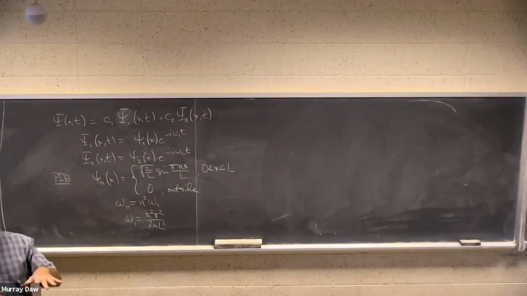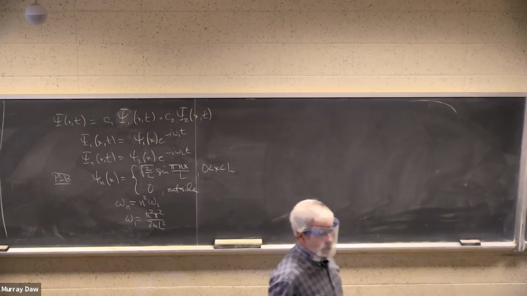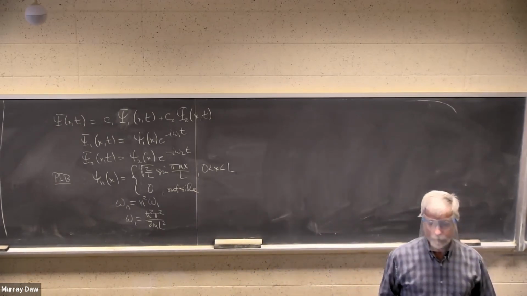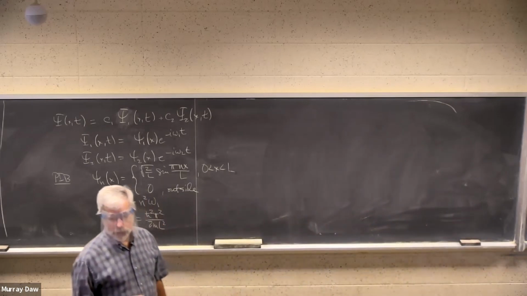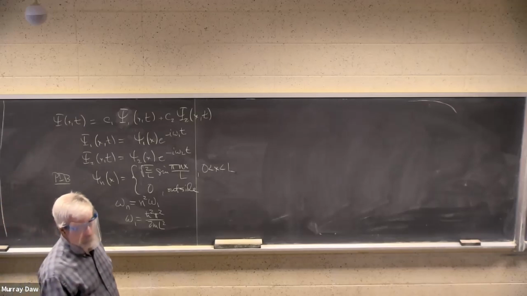And if you form a superposition, that would be a stationary state. We'll get to it. We haven't done it yet. We're coming to it when we do the hydrogen atom. In one dimension, it's unusual to have degenerate states. It's not unusual to have degenerate states in higher dimensions, 2 and 3 dimensions. That's the usual thing.